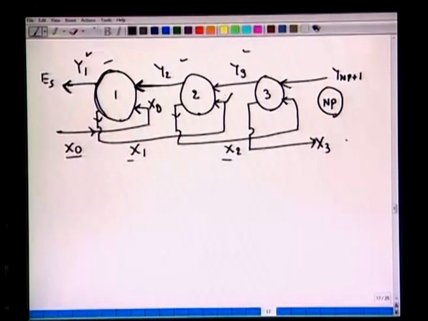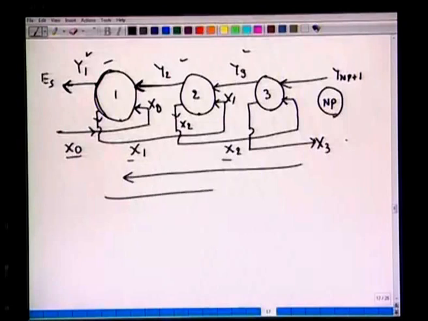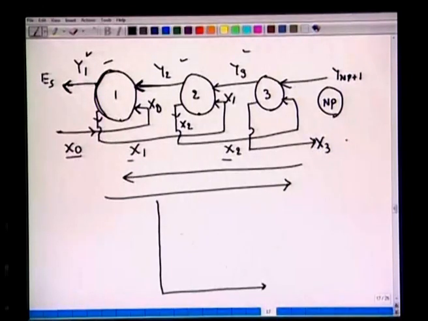Similarly, we have x1, and this is our x2. So although the overall process is countercurrent, one stream goes like this and the other stream goes like this, individually one can still treat stages 1, 2, 3 as a co-current process, which means you can draw the equilibrium curve of y versus x, with the equilibrium curve given as this.